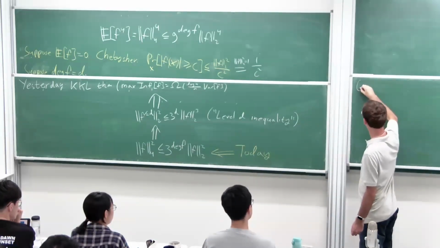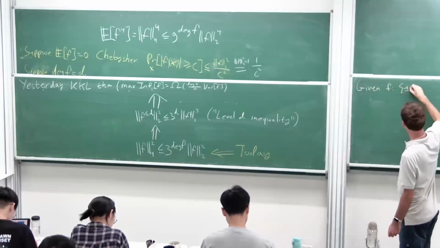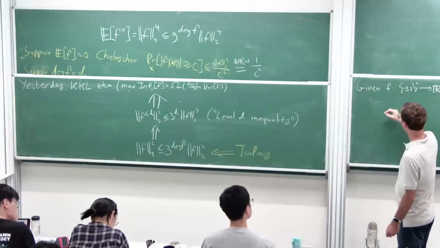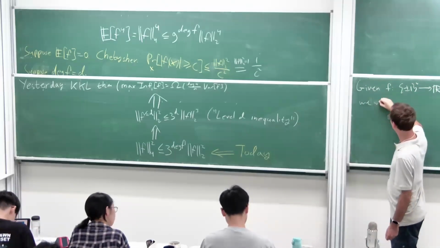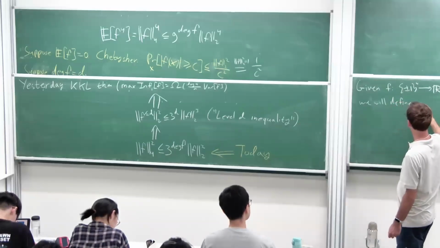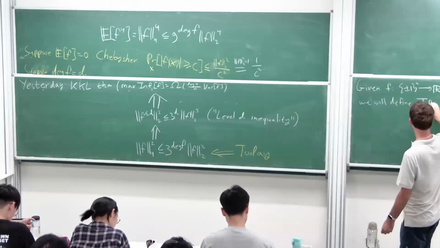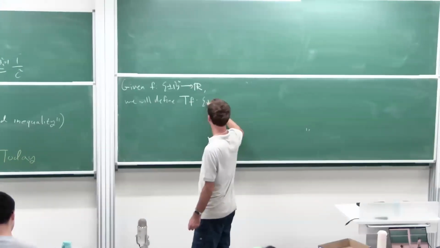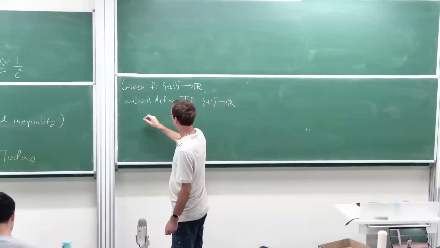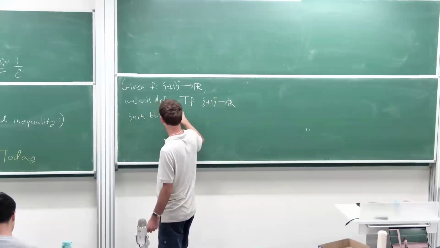Given a function f from plus minus 1 to the n to R, we'll define T f, which will be another function from plus minus 1 to the n to R, such that T is a linear operator.